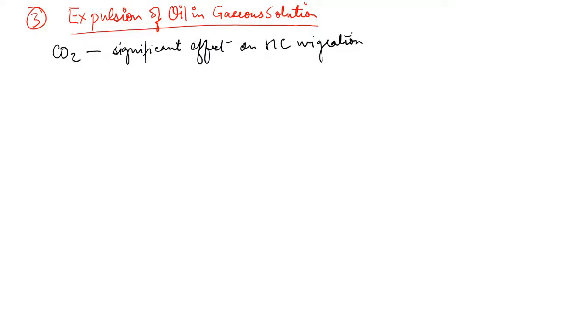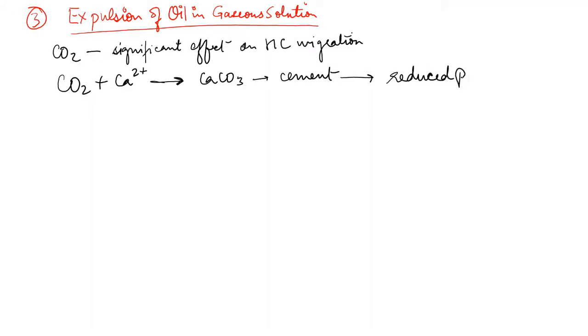And as you are all aware, having read sedimentology, once this cement is precipitated, it reduces pore volume and increases pore pressure. So if we have CO2 plus Ca2+, I'm not balancing the equation, you may have CaCO3 as cement. And this cement reduces pore volume, which is very common.